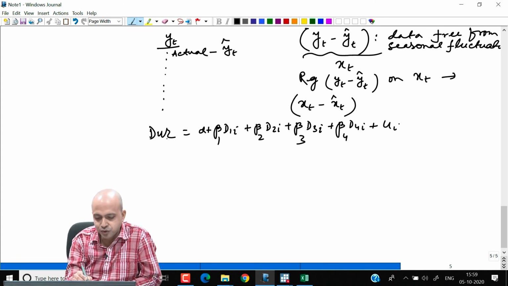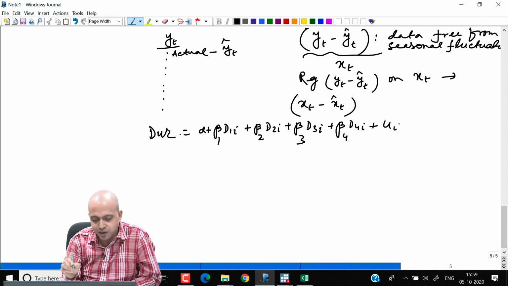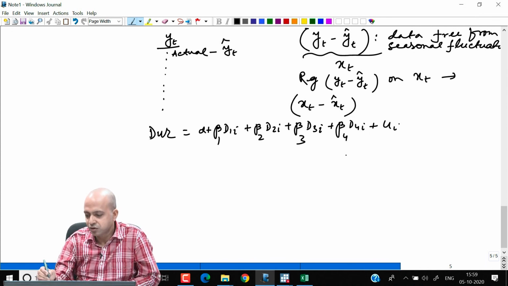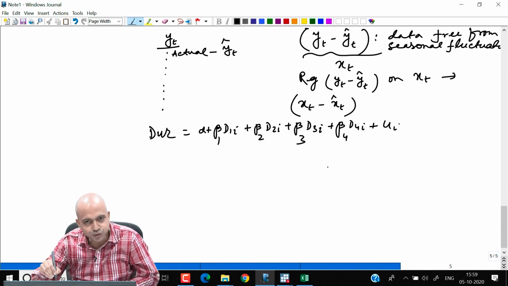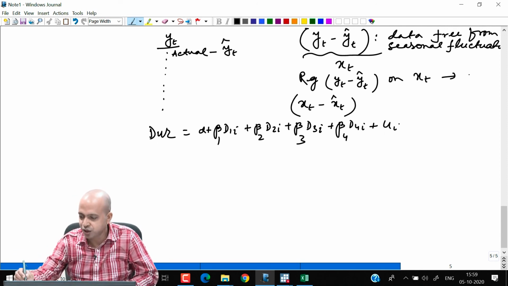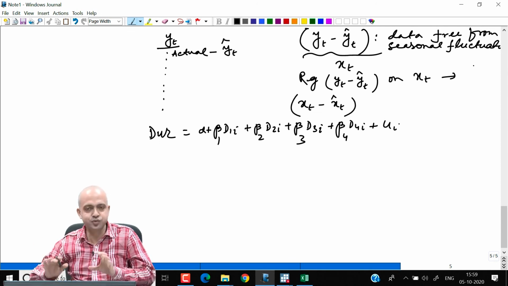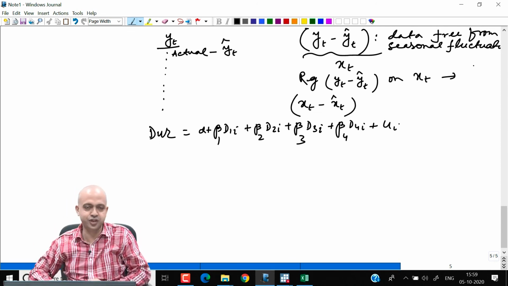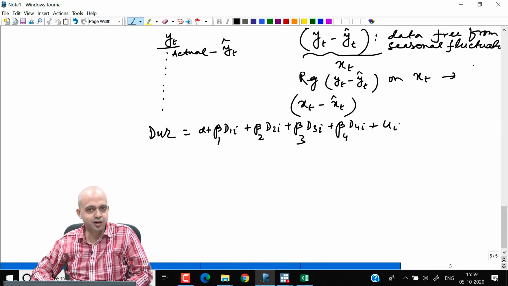In the same procedure, if you now subtract the predicted Xt from Xt, and use that as explanatory variable, you will get the same sort of coefficient. That is proof. So there is no need for removing seasonal fluctuation separately from the explanatory variable. The procedure itself takes care of any sort of seasonal fluctuation that might be present in Xt as well.